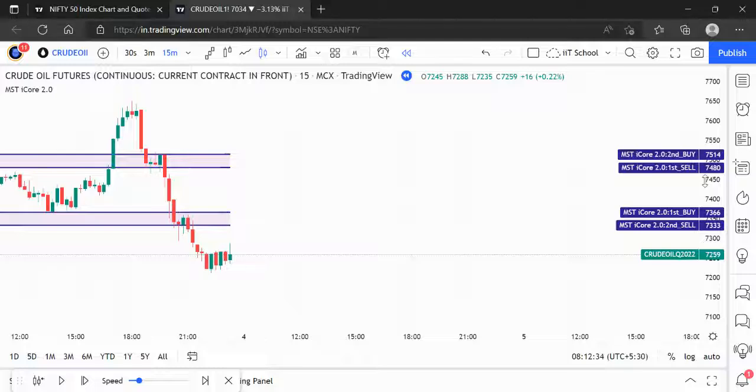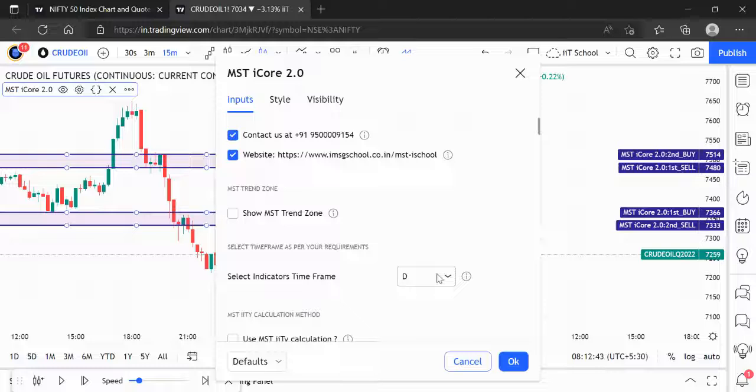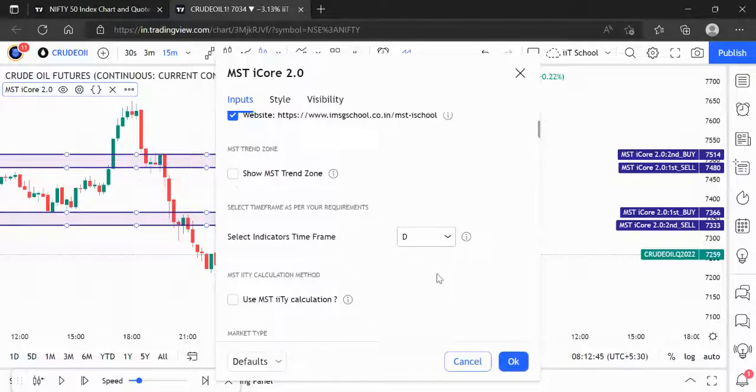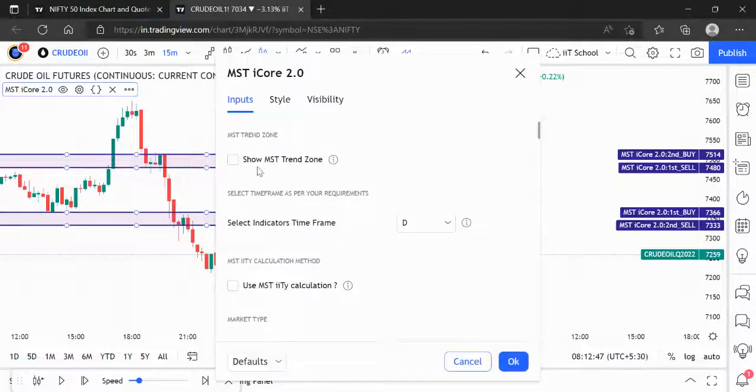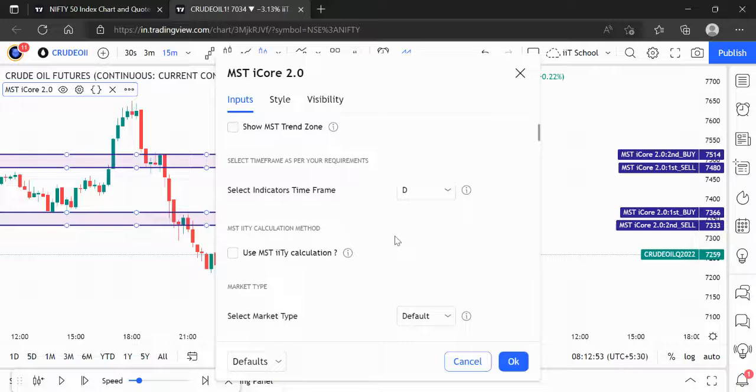Then what else can we expect from this indicator? This indicator has many features, in addition to showing the trend of the market. That is the first one. It will show the trend of the market. Then you can select different time frames for trading.